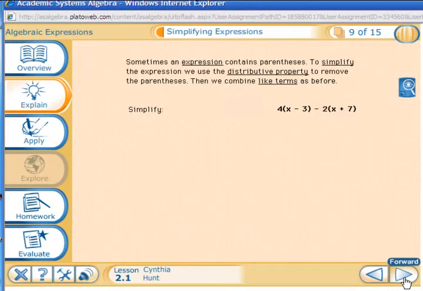Sometimes an expression contains parentheses. To simplify the expression, we use the distributive property to remove the parentheses. Then we combine like terms as before. Simplify 4 times the quantity x minus 3 minus 2 times the quantity x plus 7. To remove parentheses, distribute.